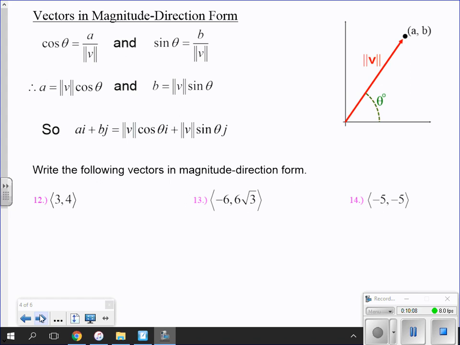Magnitude, direction form. It's our angle off the horizontal that is our theta. We can use either the cosine or the sine to figure out the angle once we find the magnitude, or we can use that theta is equal to the inverse tangent of b over a.